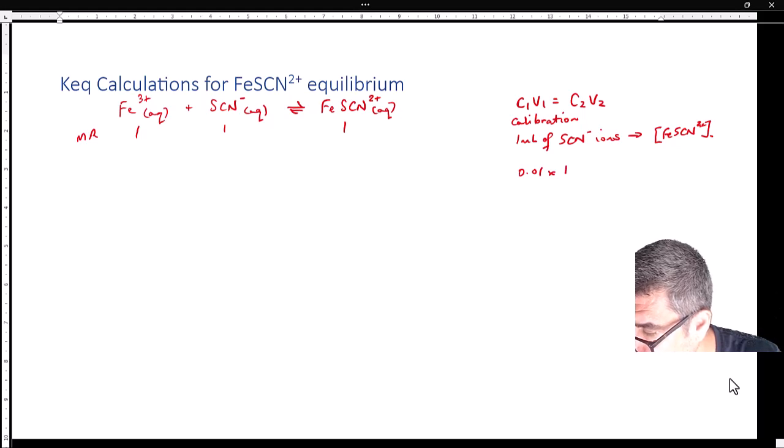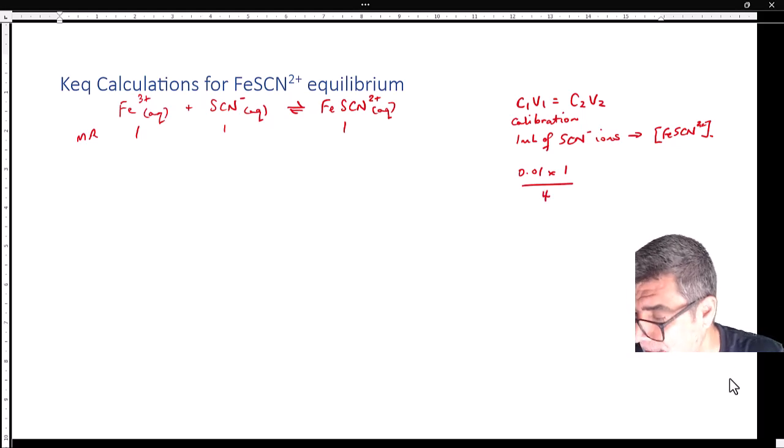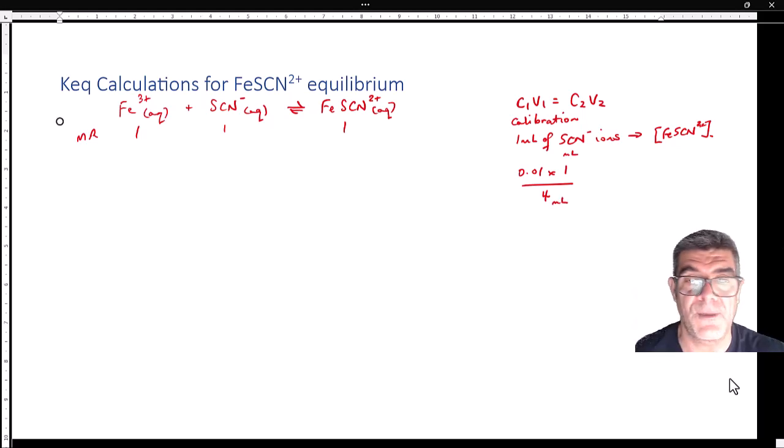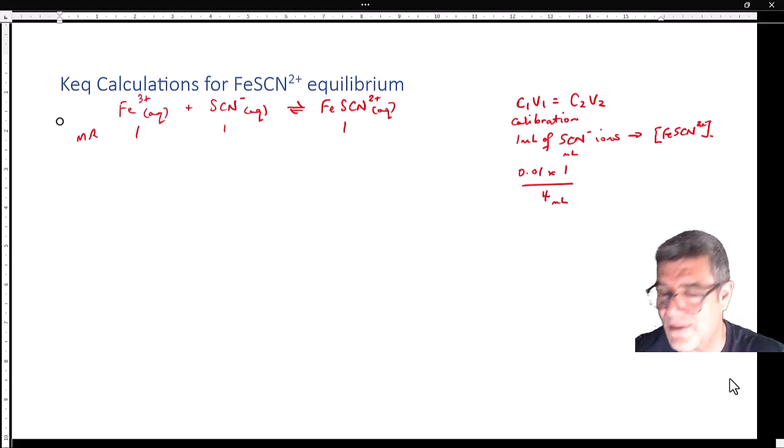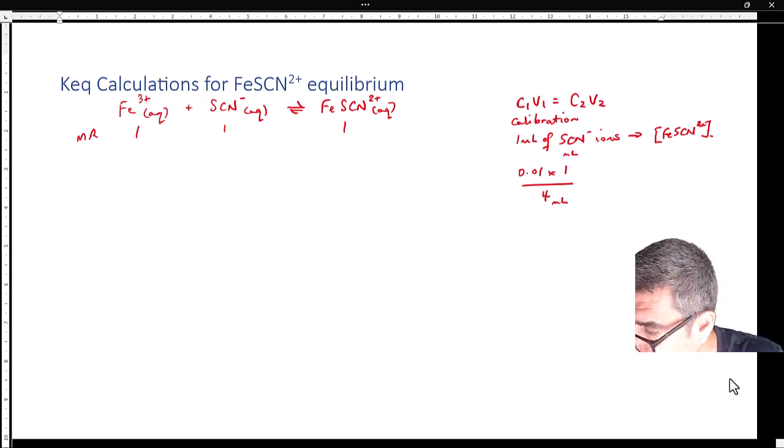I'm going to leave that as 1 at the moment, and then I'm going to divide that by the total volume, which was 4 mL. And that's why I've left these as mL, because if I change them to litres, the multiplication factors will cancel out, and so then I'll still have 1 on 4. It's just going to be 0.001 divided by 0.004. So in this case, I get a concentration of 0.0025 mole per litre.